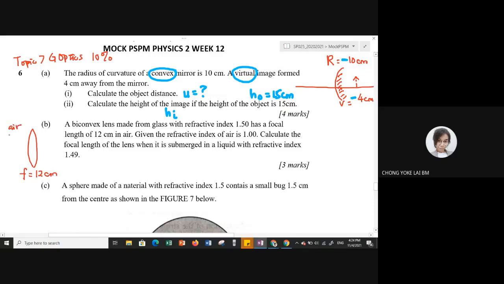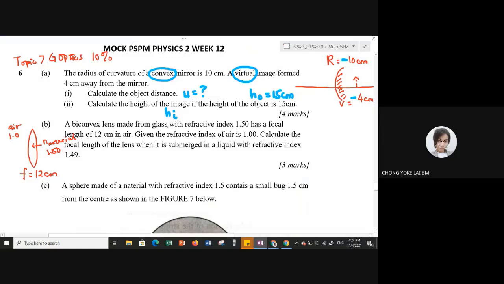So put it in air means the refractive index for the medium is 1. Then the refractive index of the lens, kita buat lens ni gunakan glass. So the refractive index of the material we use to make the lens is 1.5. Okay, the medium is air. So when we put it in air, our focal length is 12. So calculate the focal length of the lens when it's submerged in liquid with refractive index 1.49.